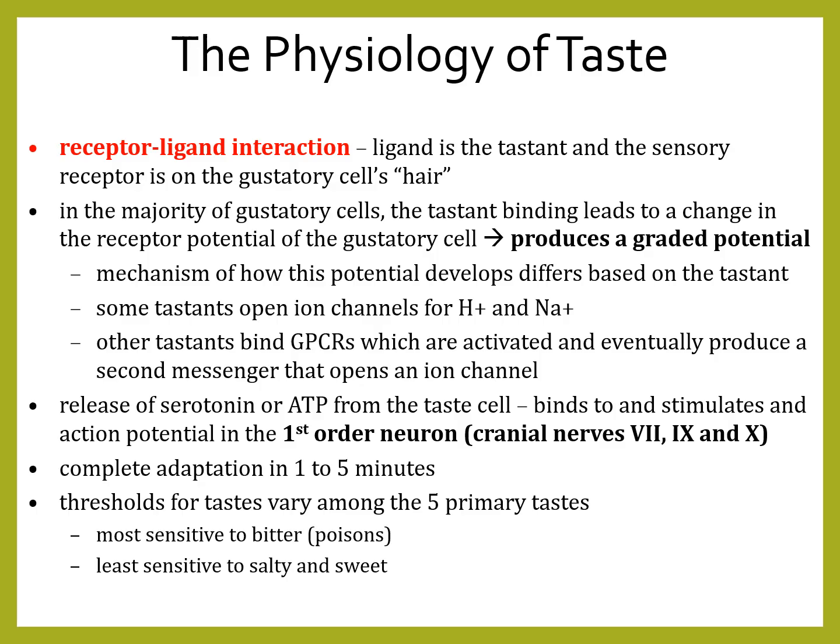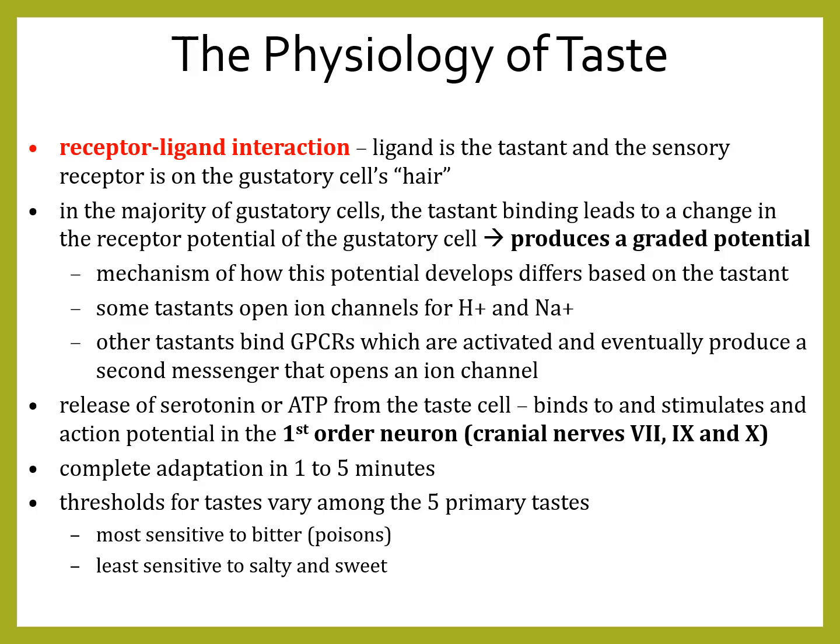Where the confusion comes is that the mechanism of how this graded potential develops differs based on the tastant. It differs on whether you're looking at a type 1, 2, or a type 3 gustatory cell. So for example, the type 1 and the type 3 gustatory cells will bind ion channels, and those ion channels will open, and then the sodium and protons will enter into the type 1 and type 3 gustatory cells.